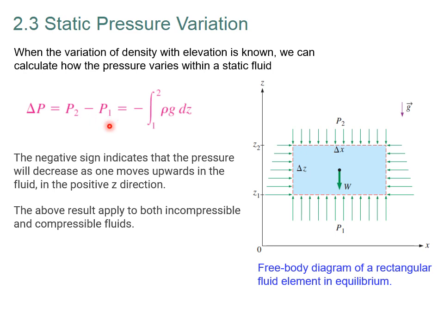The pressure difference is given by the negative integral of rho g dz. Here the negative sign indicates that the pressure will decrease as one moves upwards in the fluid in the positive z direction. So in other words, here P2 is going to be less than P1, so we put a negative sign here. So this formula applies to both incompressible and compressible fluids.